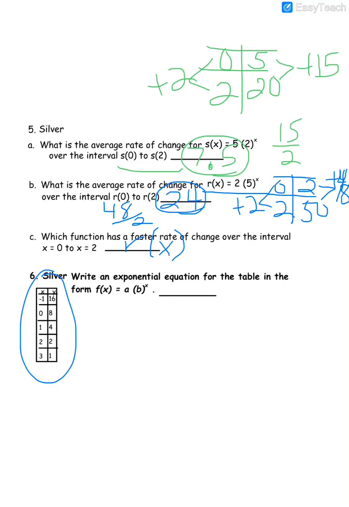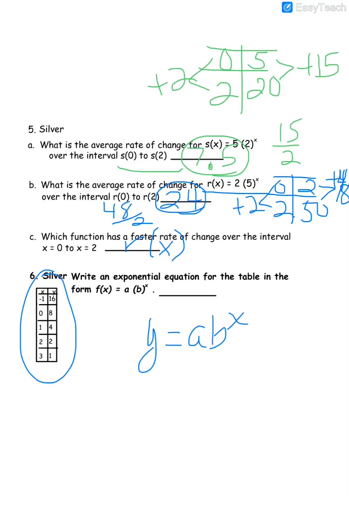Then I'm going to hit stat, and right arrow over to calc, and go all the way down to choice 0, exponential regression. Hit enter a whole bunch of times. And bam, they give me a b to the x like this.